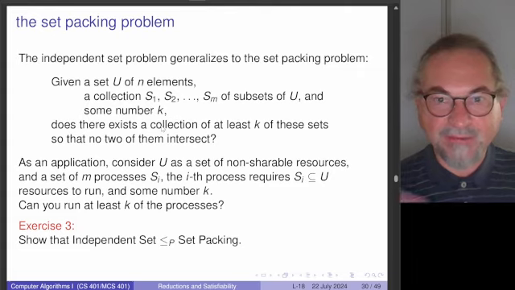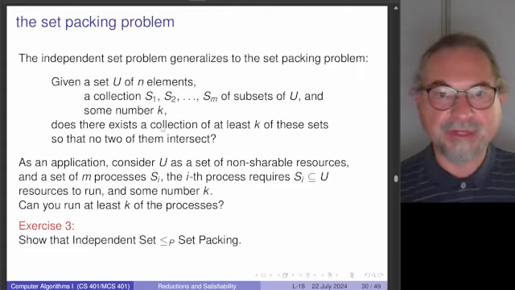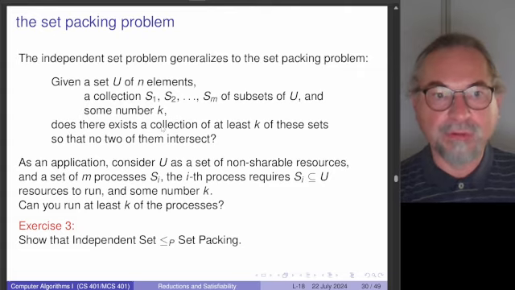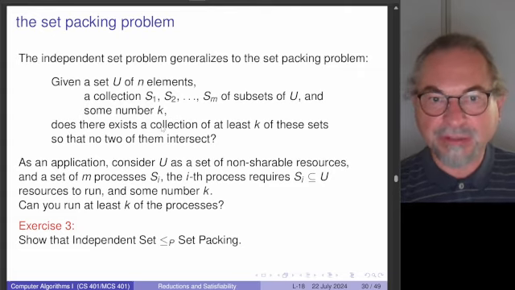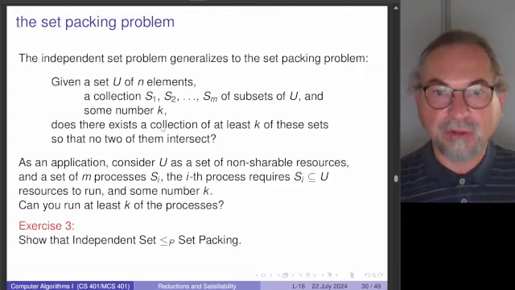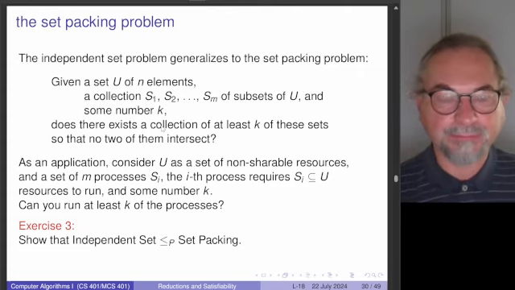Again, the decision problem and the optimization problem are equivalent upon polynomial reducibility. So we want to ask if there is a collection so that none of those sets intersect.